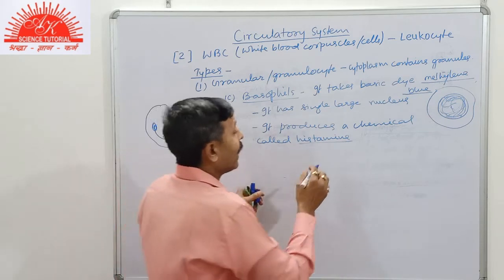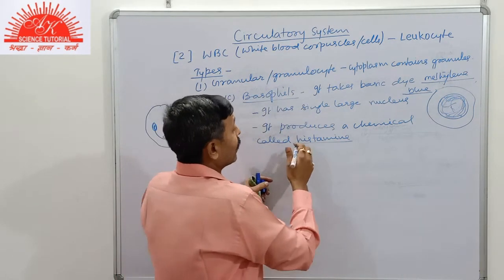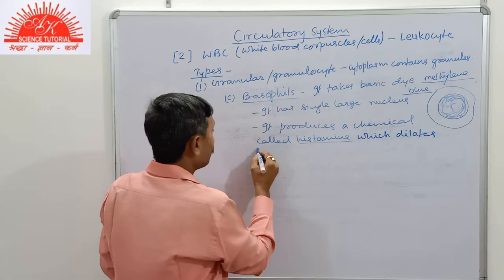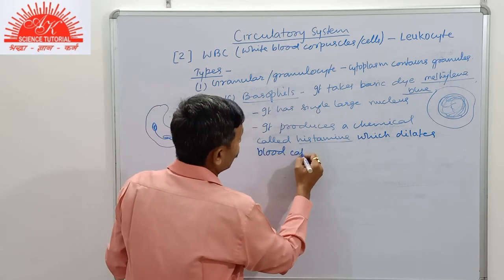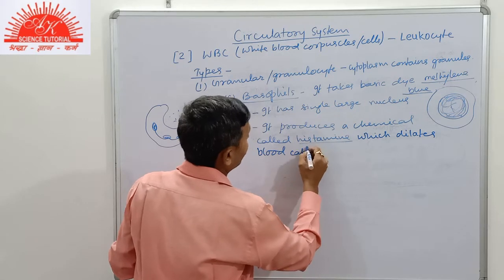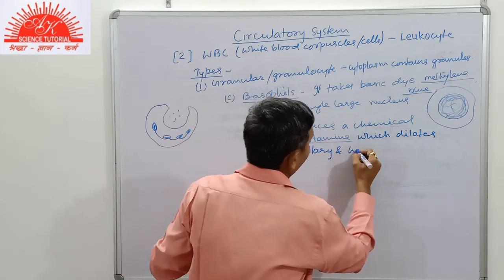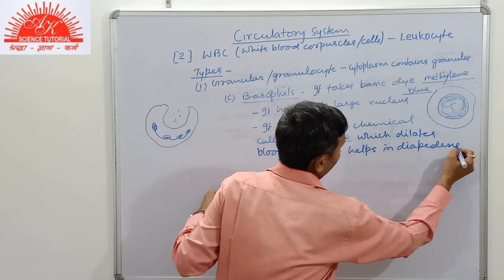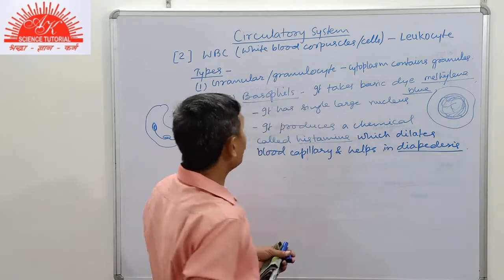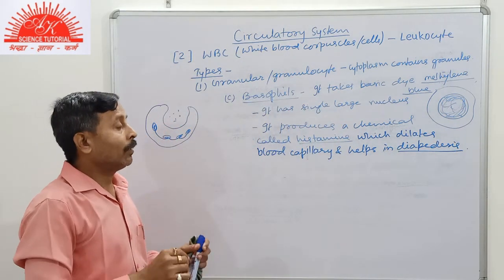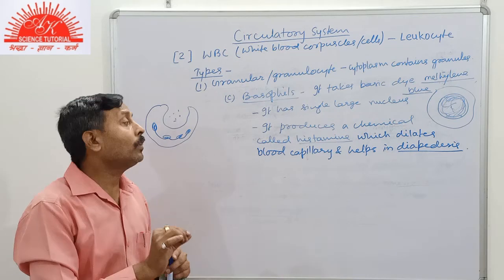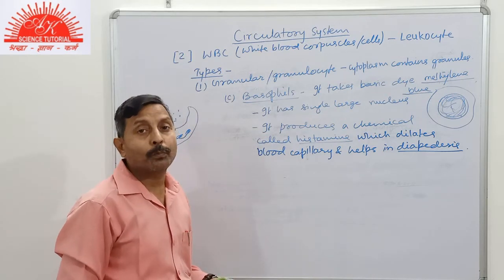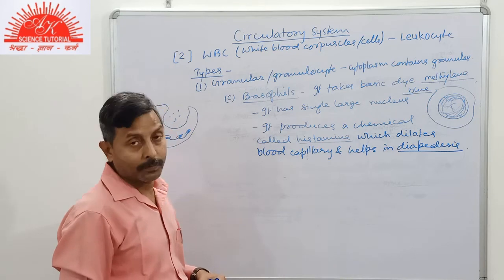It is histamine, and what happens due to its presence, which dilates blood capillary and helps in diapedesis of WBC. That is, due to secretion of this histamine, the wall of blood capillary dilates, and through the pores WBC can easily squeeze out into the tissue spaces, tissue fluid, where it will fight against the germs.